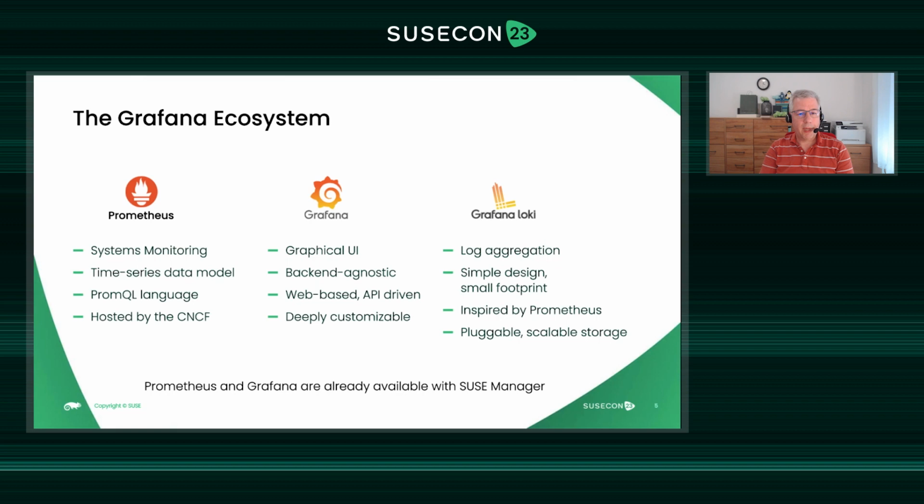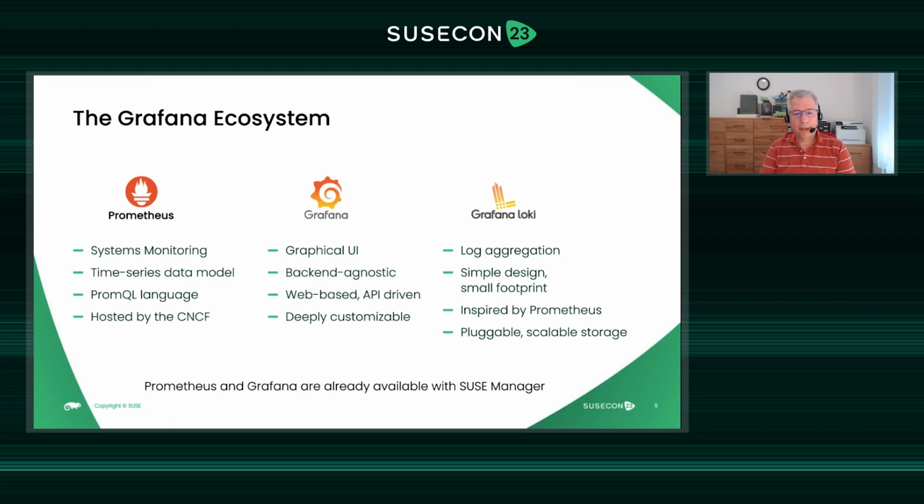So one thing is the metrics, and the other thing is logs, also important to collect. For this, Grafana Loki is here for log aggregation. It's a simple design and a small footprint inspired by Prometheus and has a pluggable, scalable architecture.